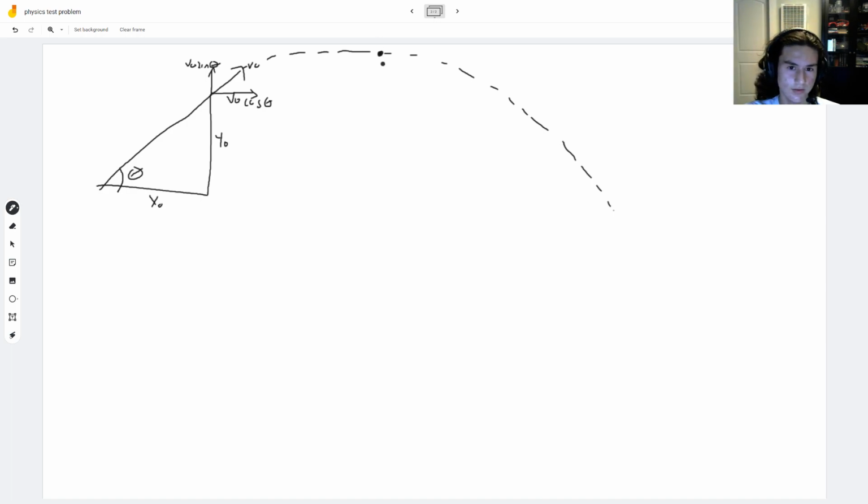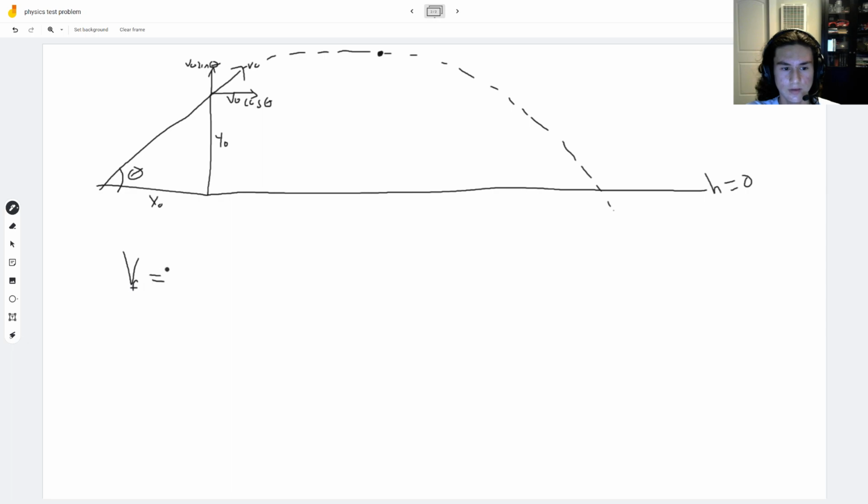So there's going to be one point where the velocity is exactly 0 in the y direction, and that's going to be the maximum height we achieve. So if we set up our reference for height here, I'm going to use a kinematic equation, v final equals v initial plus acceleration times time. I'm going to be solving for this value of time.